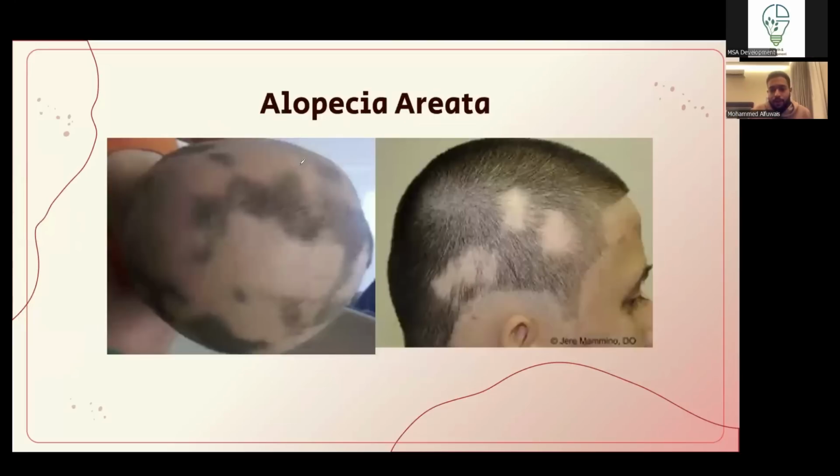Okay? Now, there's another form of alopecia, which is called alopecia areata. Okay? This causes multiple foci of hair loss. And another thing is that you will not see any hair follicles in these areas. There's also another form of alopecia, which is if the patient themselves pull on their hair.